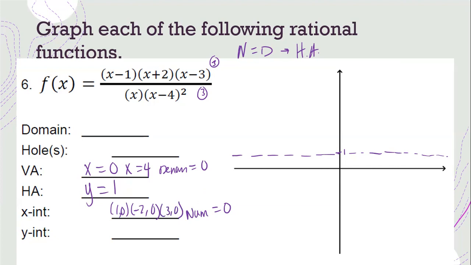Next is my y-intercept. I can't plug it into the original, so I have to plug in x equals 0 and evaluate. So we're looking for f of 0. So 0 minus 1 is -1. 0 plus 2 is 2. 0 minus 3 is -3, over 0.